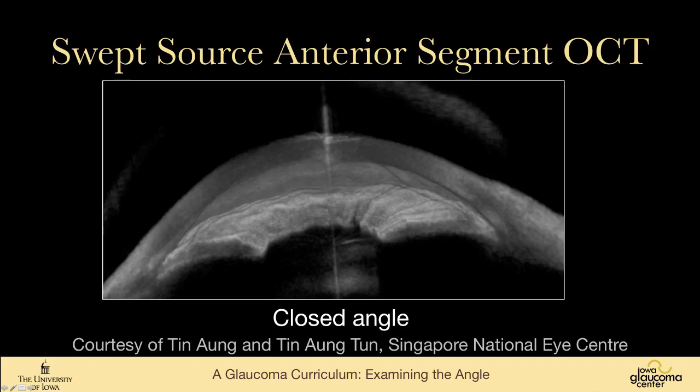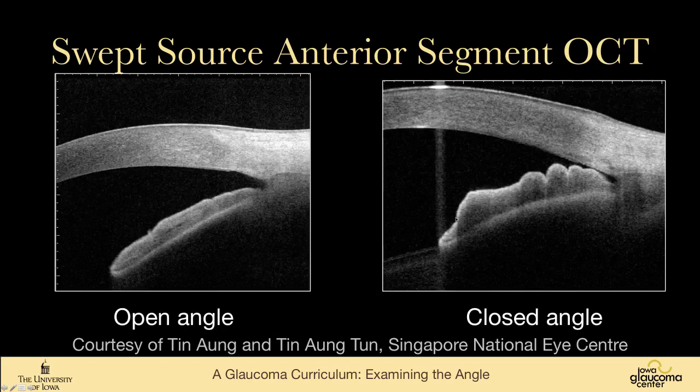This was given to me by the Singapore National Eye Center, showing a swept-source OCT that actually allows you to look into this angle that's closed. Really beautiful imagery. Another swept-source OCT shows examples of an open angle on the left and a closed angle on the right.